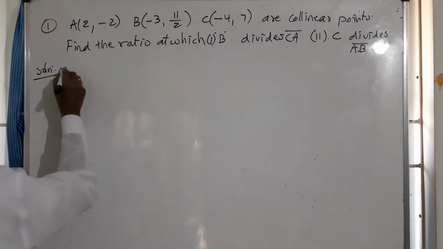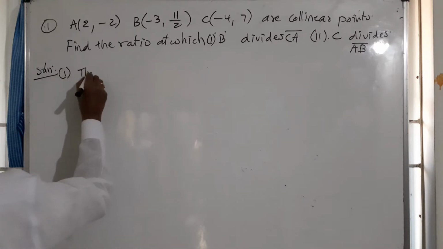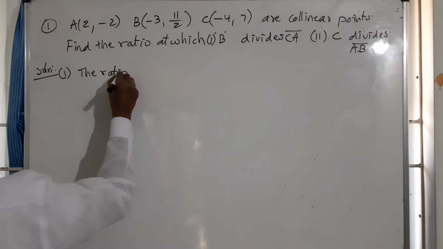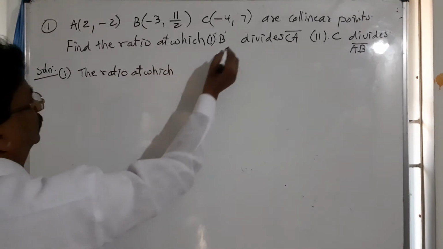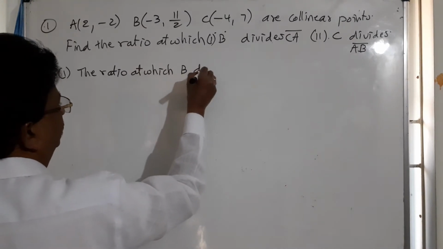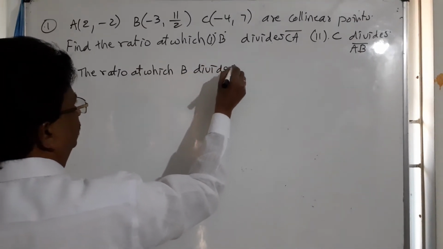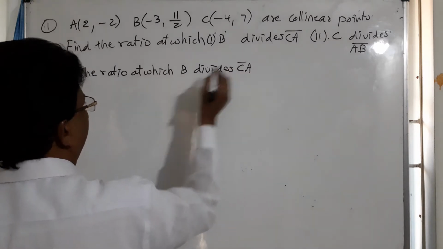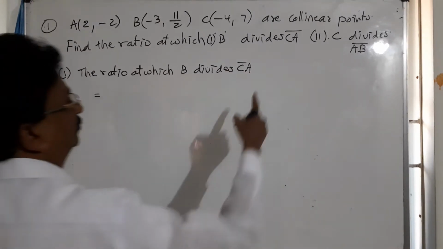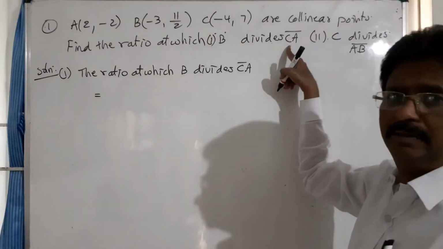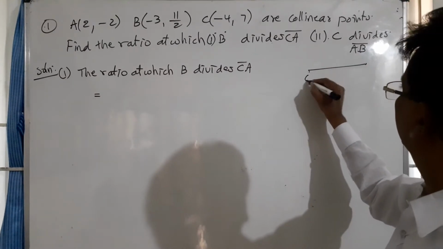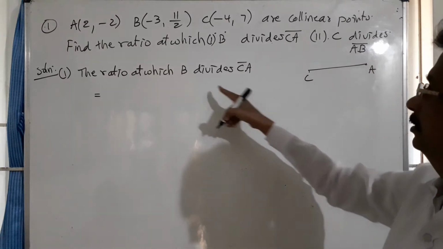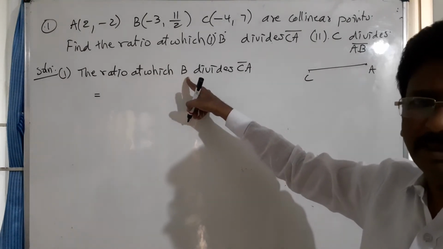So by using this formula, let us find the required ratio. First, the ratio at which B divides CA. What is the line segment? First point C, second point A. Which point divides CA?